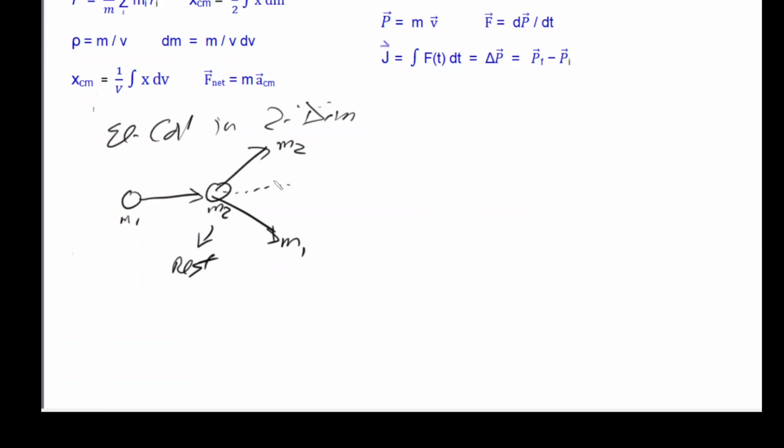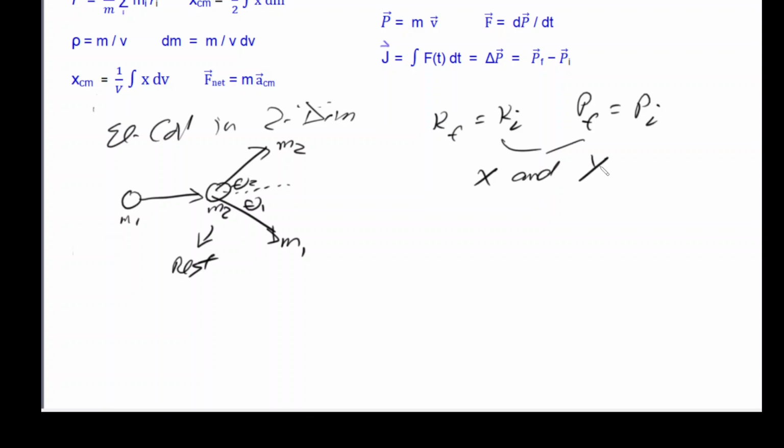We'll call this angle theta 2 and this angle theta 1. Again, we know kinetic energy final equals kinetic energy initial, and momentum final equals momentum initial. However, we have to apply this to both the x and y directions.